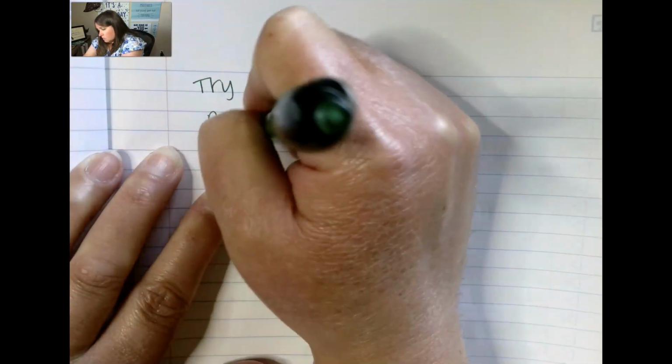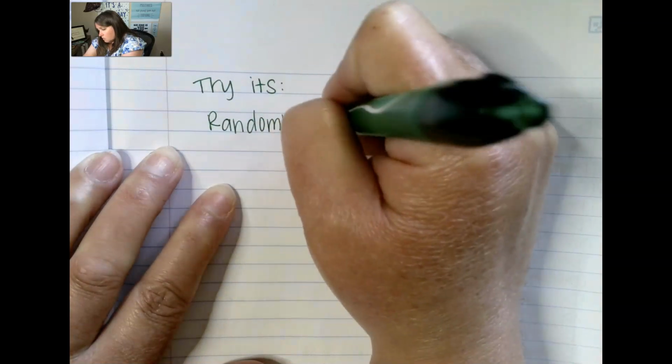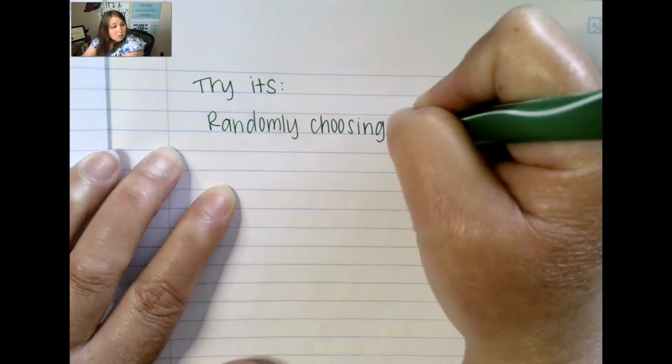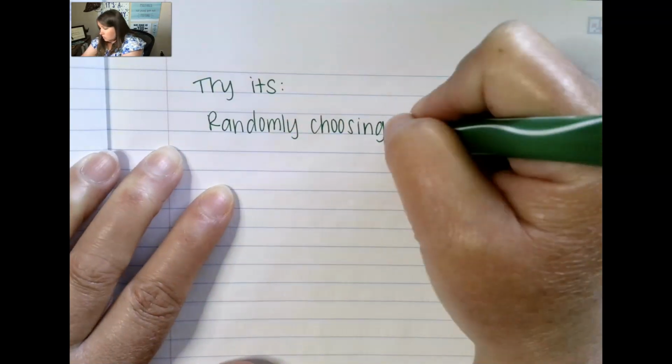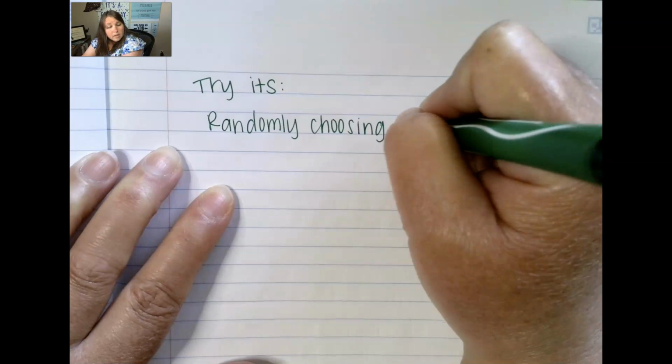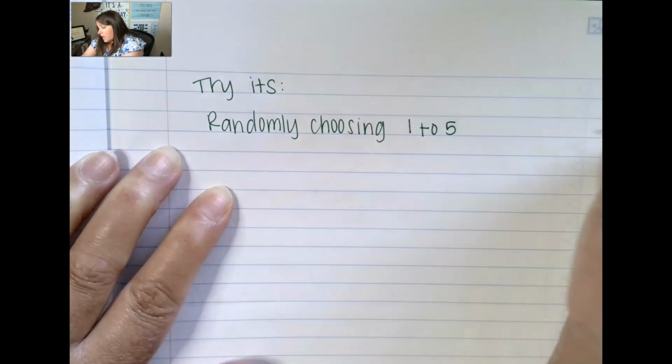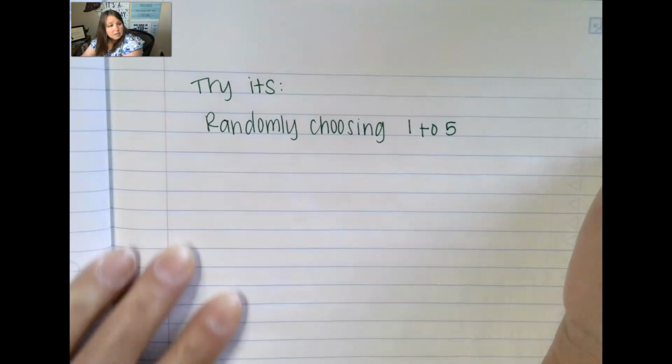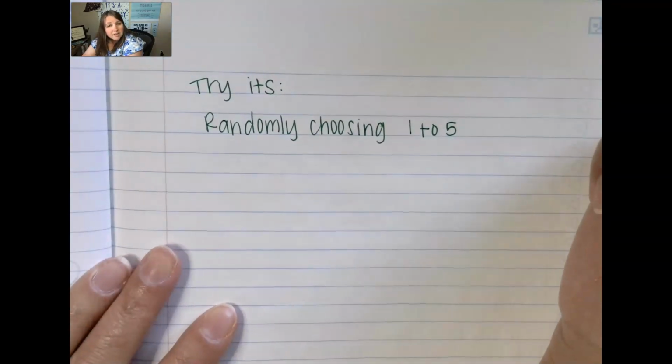Our try-its today say, find the total number of possible outcomes of spinning the spinner and randomly choosing from numbers 1 to 5. I don't really like this example.